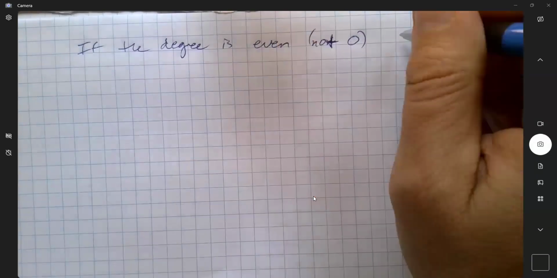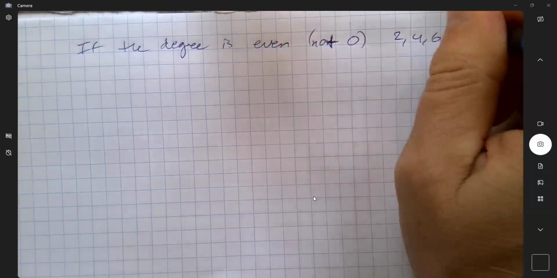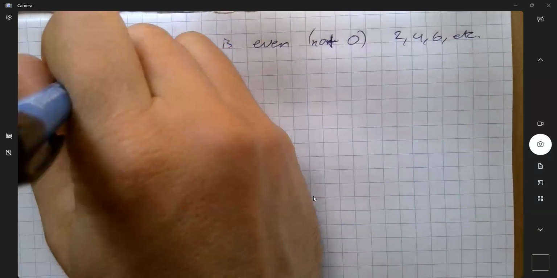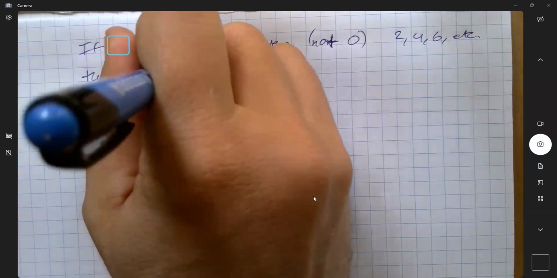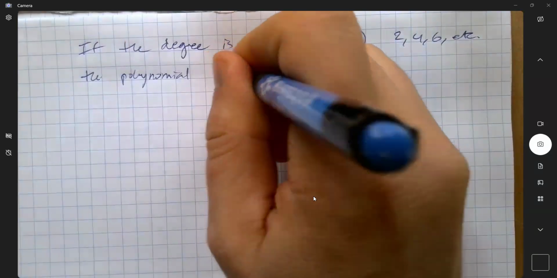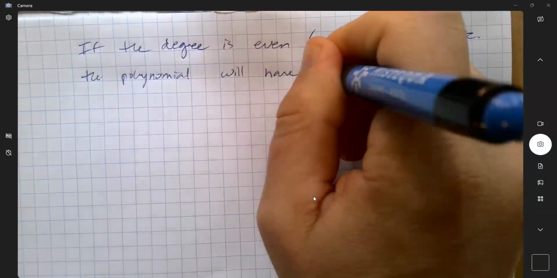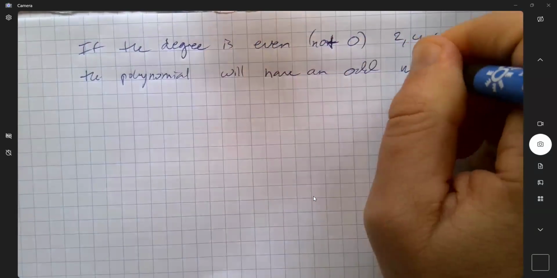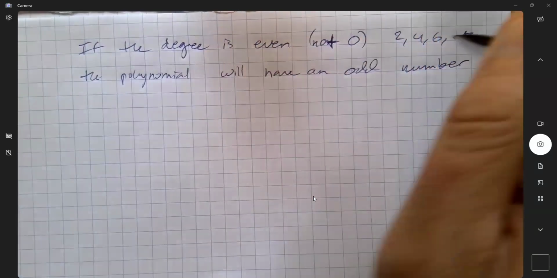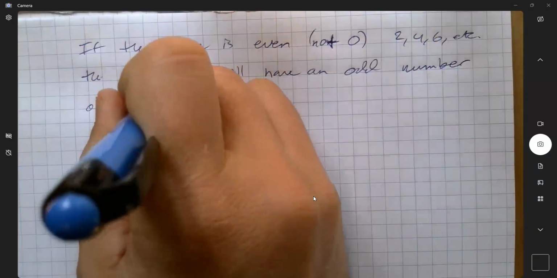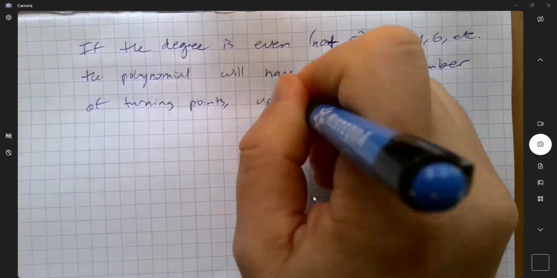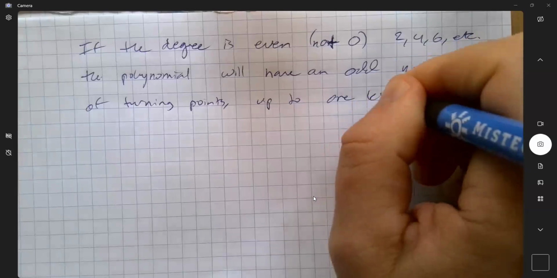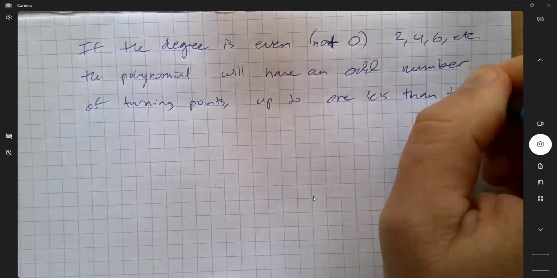So if the degree is even, 2, 4, 6, etc., then the polynomial will have an odd number of turning points up to 1 less than the degree.